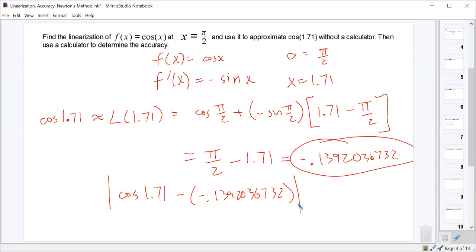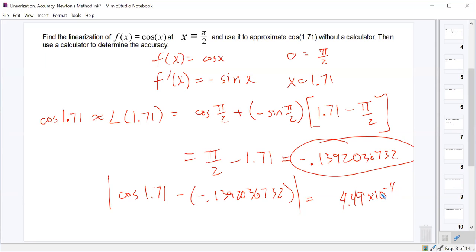And what does that come out to be? 4.49 times 10 to the negative 4, I believe.